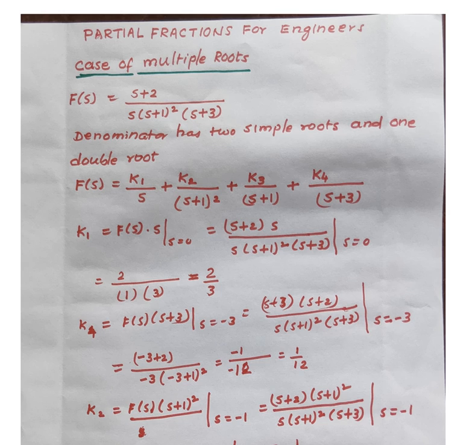This s plus 3 and this s plus 3 get cancelled. Then substitute s equal to minus 3. In that case, we get minus 3 plus 2 like this. Next, minus 3 into (minus 3 plus 1) whole square. Then you simplify it. Once we simplify it, we get 1 by 12 here. This 1 by 12 is the k4 value.